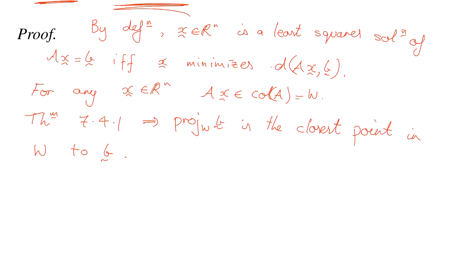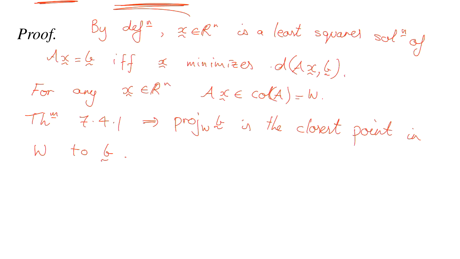There could be multiple x's such that Ax equals this projection. There's no uniqueness in x necessarily, but there is uniqueness in the closest point problem. So there's one correct right-hand side to replace your right-hand side with. You start off with b, you should replace it with a projection of b onto the column space. But then there could be lots of solutions to Ax equals the projection.